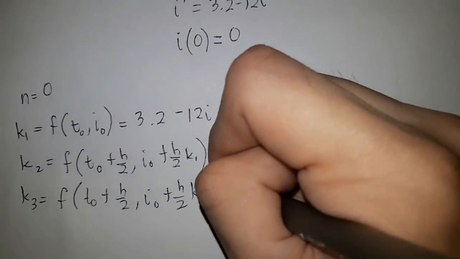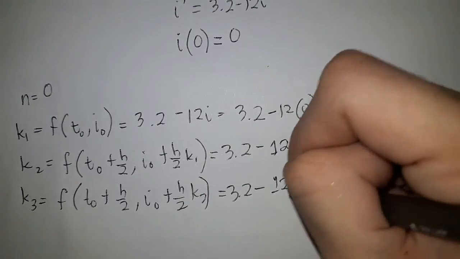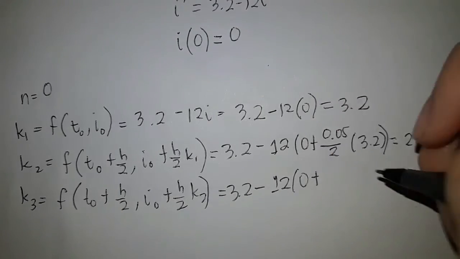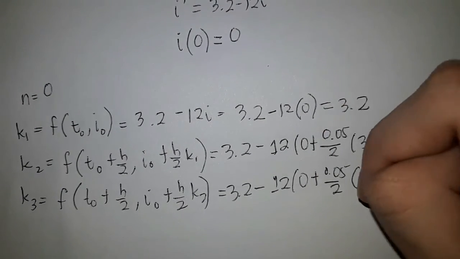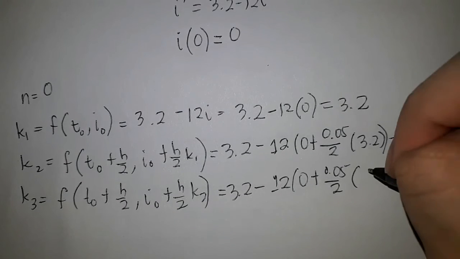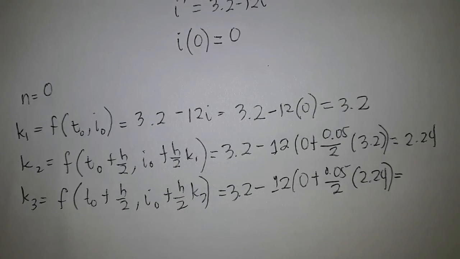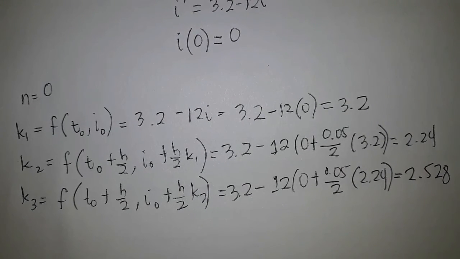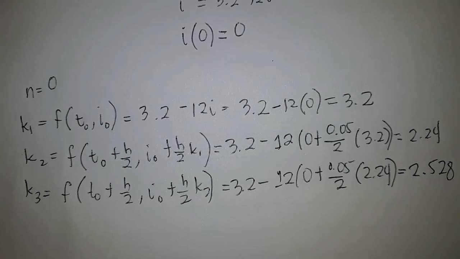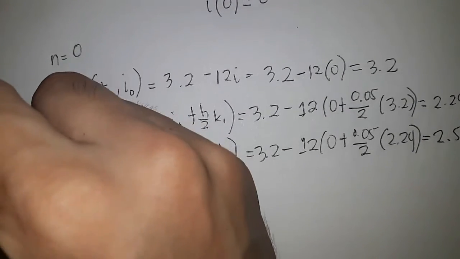So this one will become 3.2 minus 12 times 0 plus 0.05 divided by 2 times the value of k2, which is 2.24. So the k3 is equal to 2.528. So after solving for k3, let's now proceed to k4.